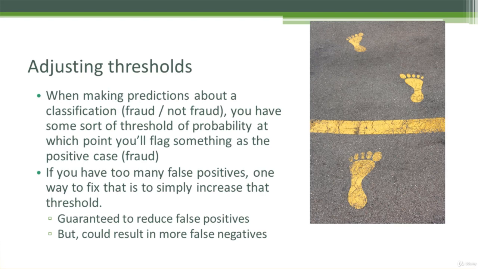It deserves some investigation. So if you have too many false positives, one way to fix that is to just increase that threshold, right? That is guaranteed to reduce your false positive rate, but it comes at the cost of more false negatives. So before you do something like this, you have to think about the impact that threshold will have. If I raise my threshold, that means I'm going to have fewer actual things flagged as fraud. That might mean that I miss some actual fraudulent transactions, but I'm not going to be bothering my customers as much, saying, hey, I flagged this as fraud, I shut down your credit card.